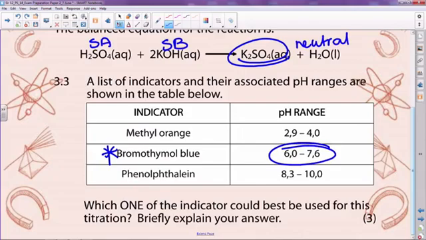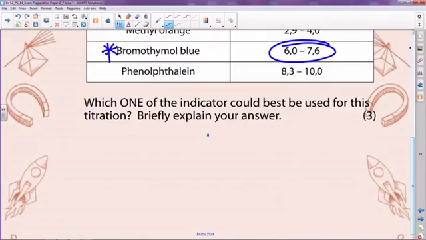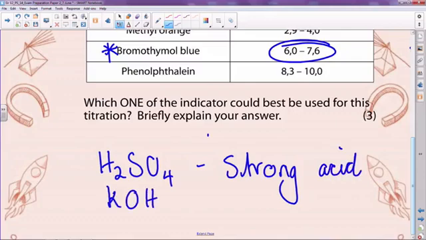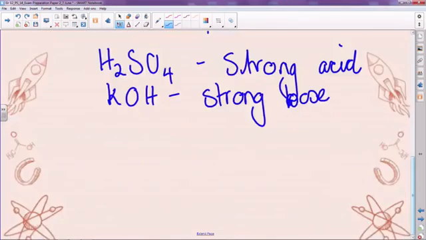Okay, so which indicator is best? Bromothymol blue. Why? Okay, and this is more the important part, so I'm going to give the explanation. So we're using bromothymol blue. Why? Because H2SO4 is a strong acid. Potassium hydroxide is a strong base. Therefore, a neutral salt is formed.